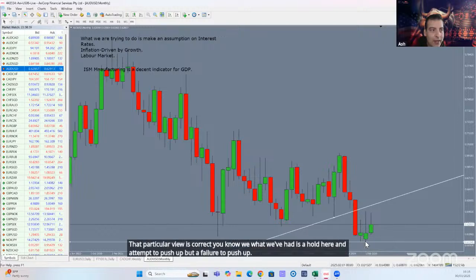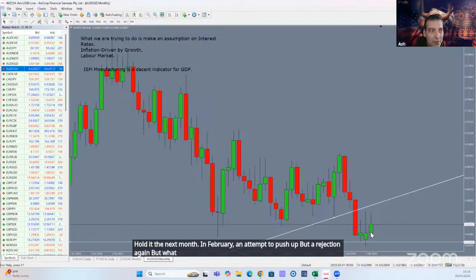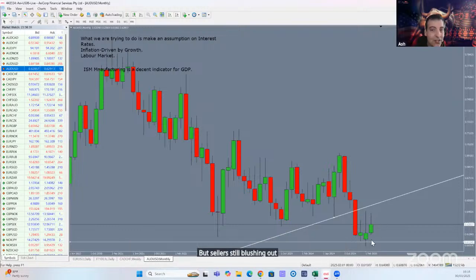A hold at the next month in February, an attempt to push up, but a rejection again. But what we've got so far this month is just a bit more positivity. So we've got Monday really to complete, but really we've got bars here which suggest that there are buyers trying to push it up, but sellers still flushing out. So this does actually suggest indecision. So at this point, we could be getting ready for a buy.